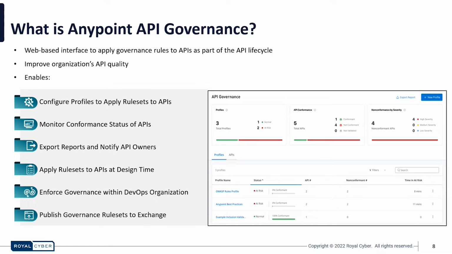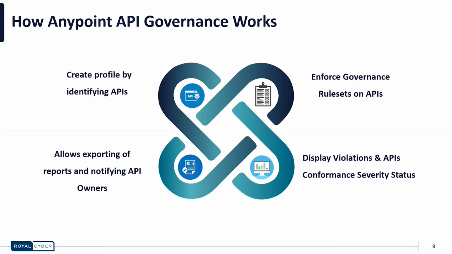You can also apply rule sets to your APIs at design time to see which parts of the definitions are non-conformant, enforce governance within your DevOps organization, and publish governance rule sets in Anypoint Exchange to share with other developers. Now let's see how Anypoint API governance works.